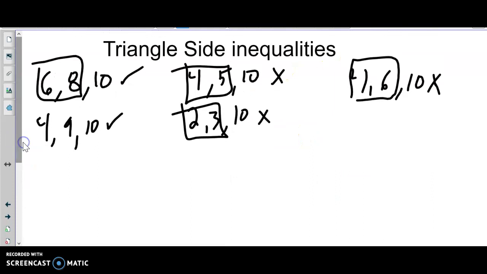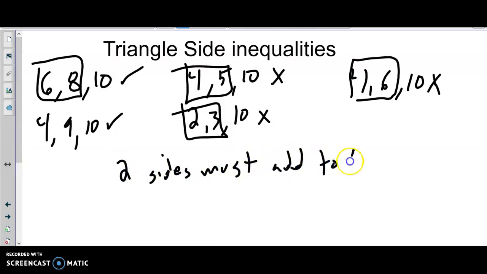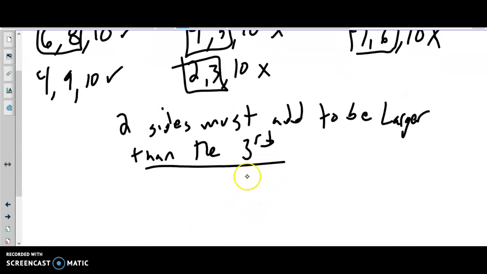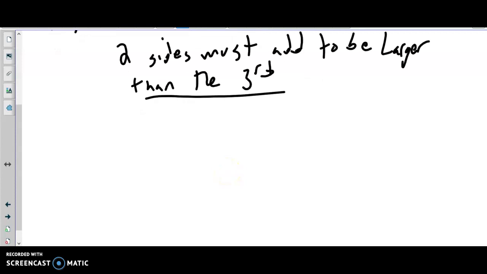And so the general idea is that the two sides must add to be larger than the third side. And we'll go down here and we can make a little triangle.